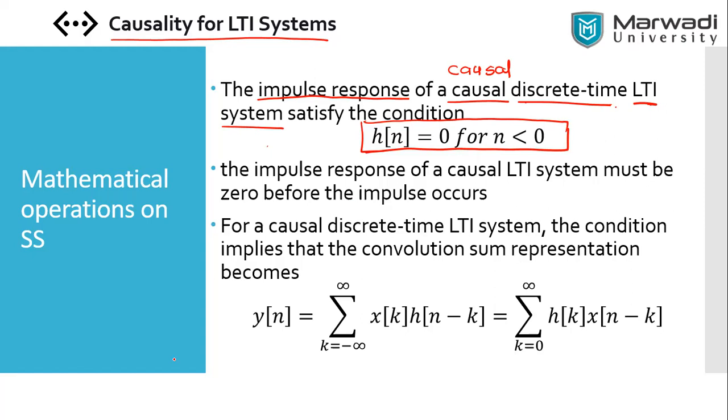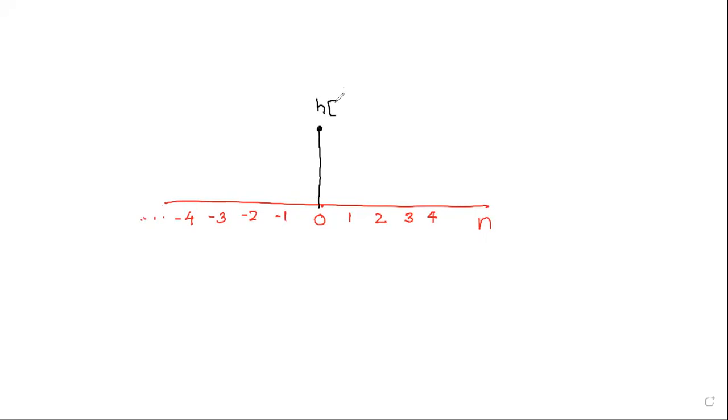Understand? What does it mean? It means that, let me show you. It means that if you have n: 0, 1, 2, 3, 4, -1, -2, -3, -4, and so on, then let's say this is h of n.